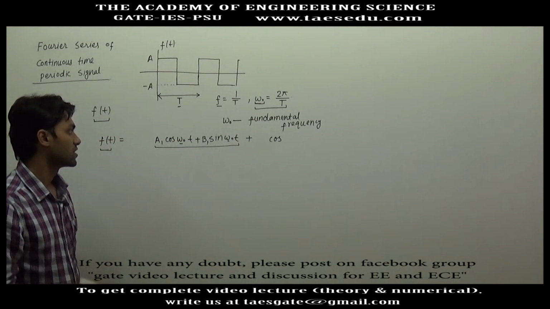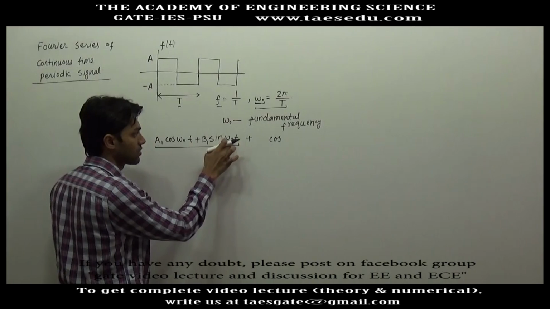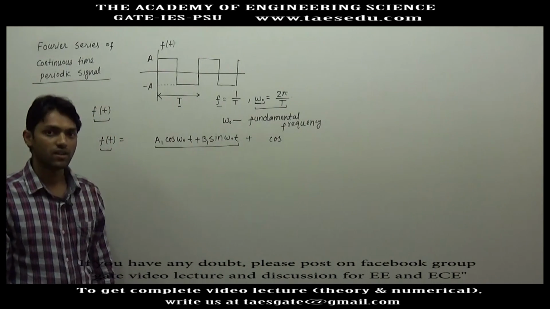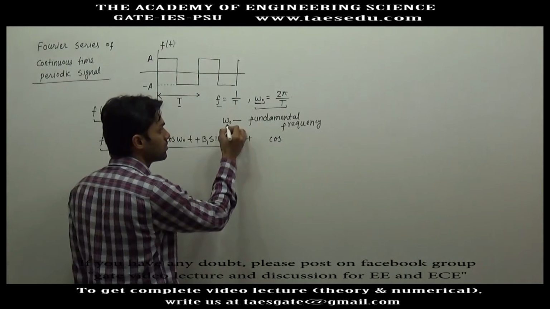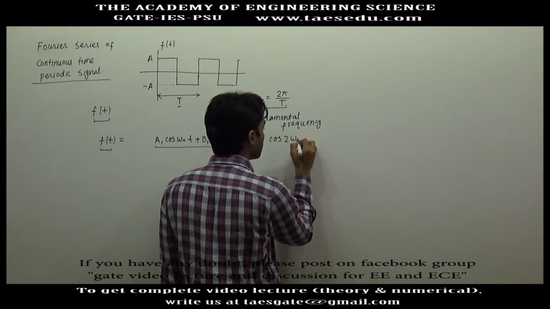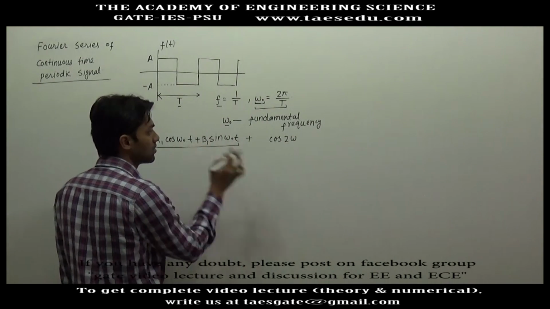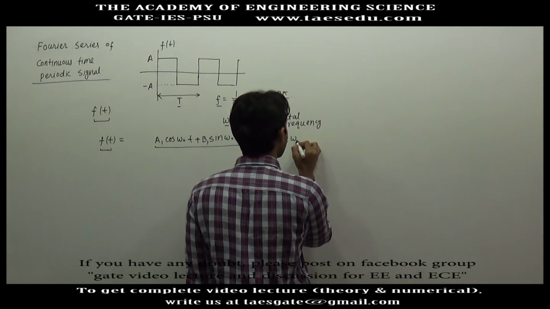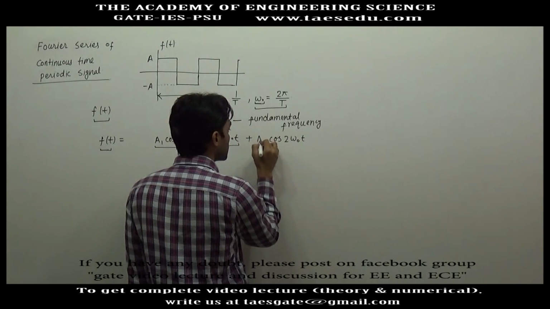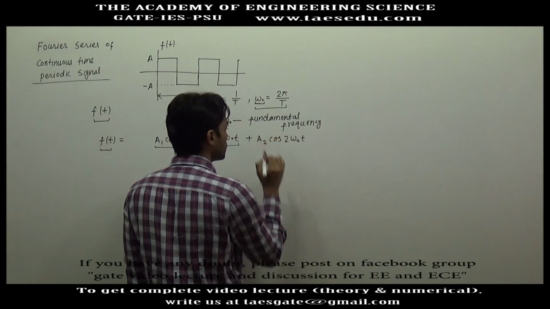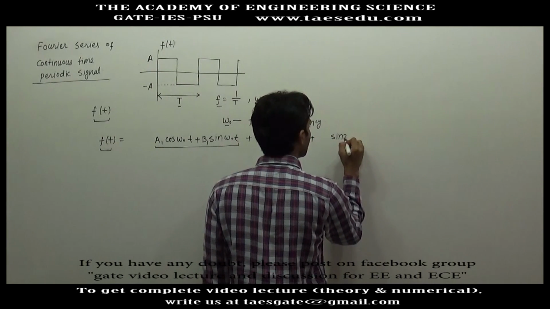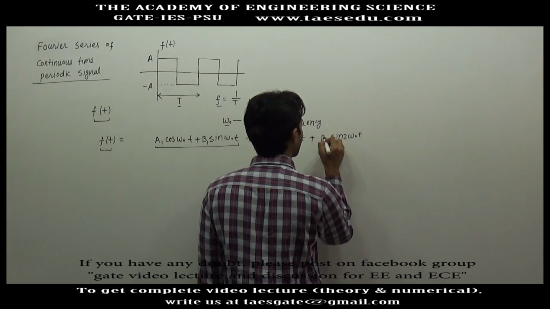We started with omega naught, and in all other terms the frequency of cos and sine terms will be an integral multiple of omega naught. So in the next term we will have a frequency of 2 omega naught. Here we have double, so I will represent the amplitude of this component with a2, and similarly we may have a sine term, sin 2 omega naught t, with amplitude b2.